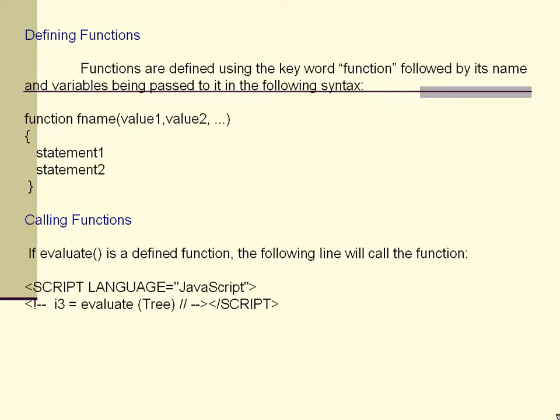The functions should be written in the script tags, whereas the function call can be done in any part of the HTML program. Now let us do a small example of how to embed JavaScript into the HTML, write a function in the script and call the function.